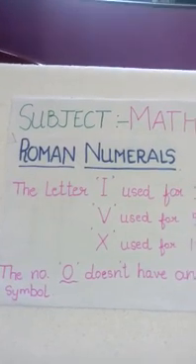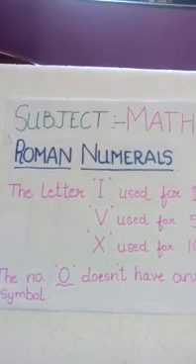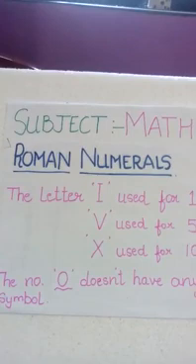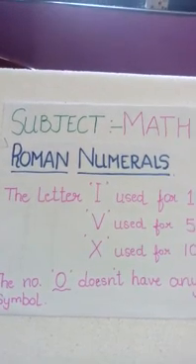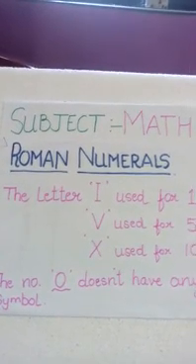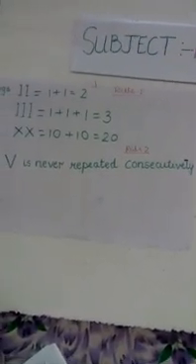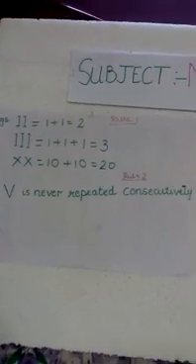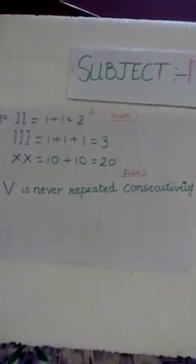So let's learn how to write these numbers. For writing these numbers, we have certain rules. First rule: if either of the symbols I or X is written consecutively 2 or 3 times, their sum total is the number they make.